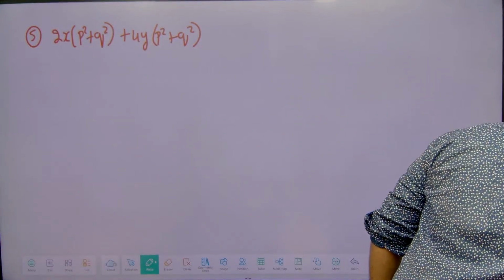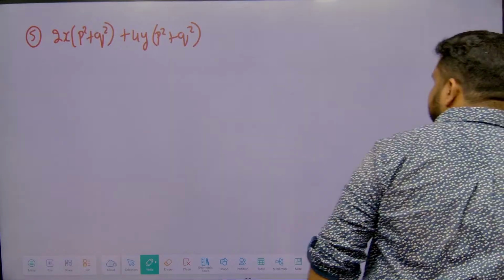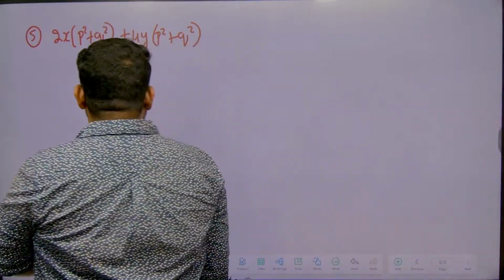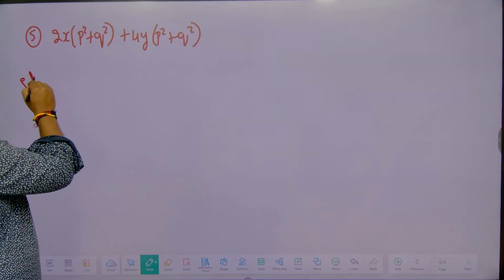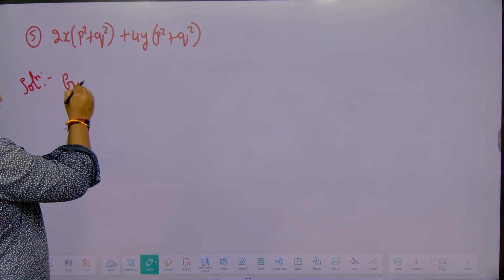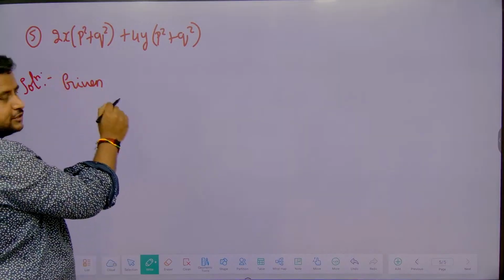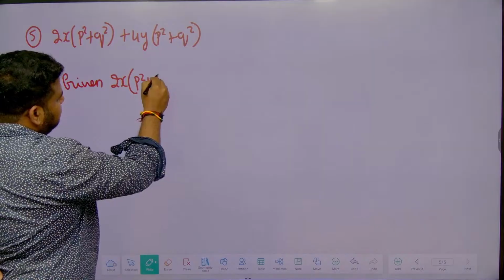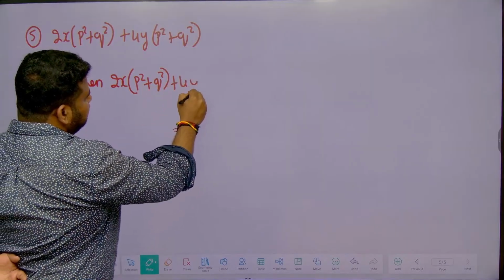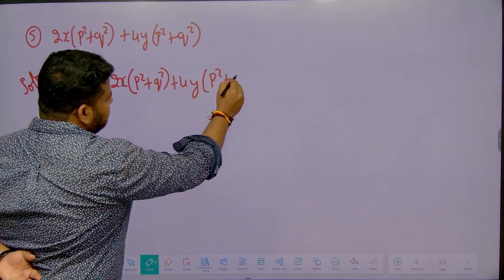So, we have to factorize this. Now, looking at this, so again we should do what? Solution. Given, copy the question carefully, 2x into p square plus q square plus 4y into p square plus q square.